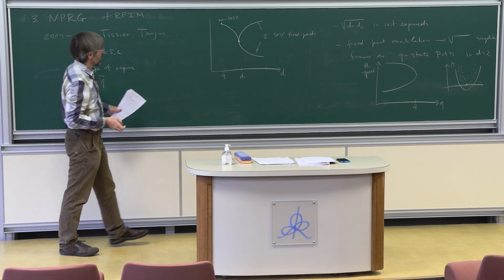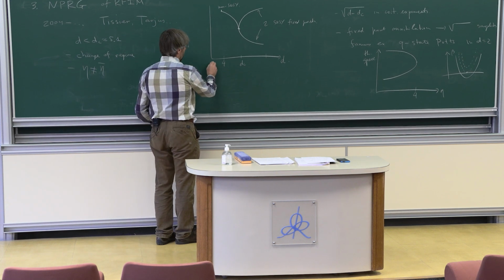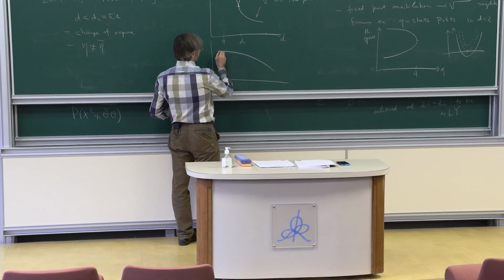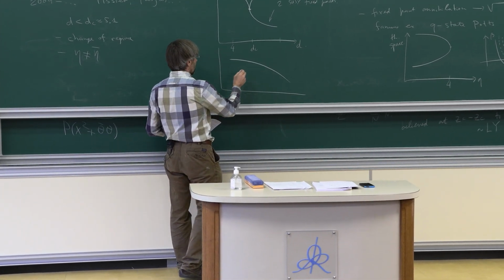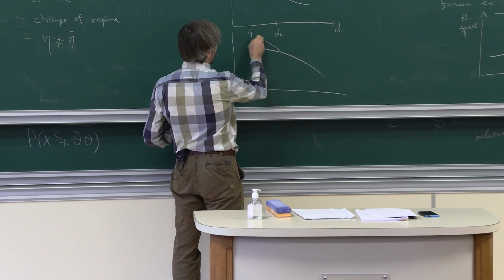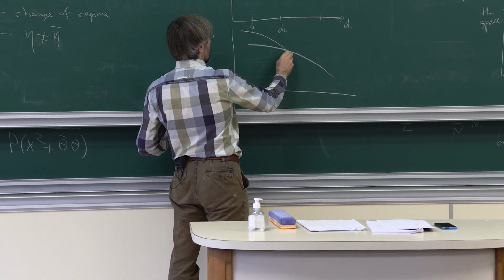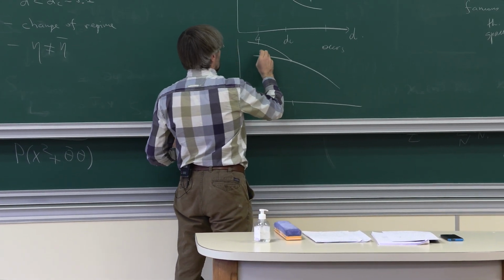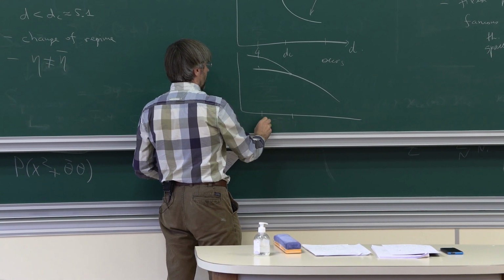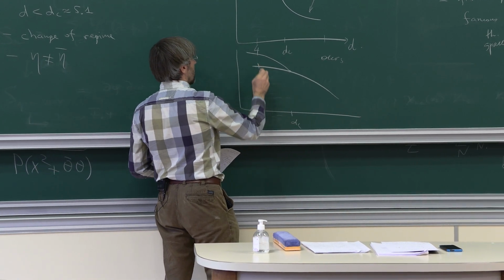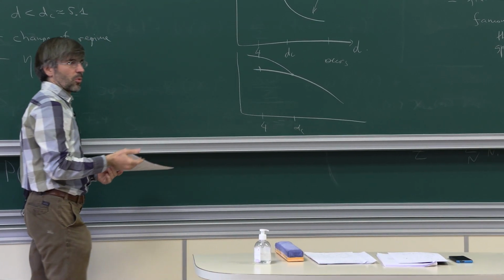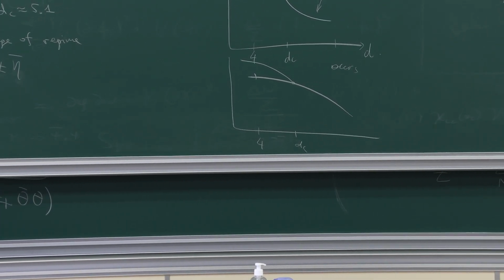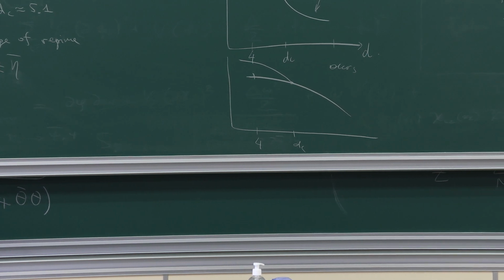While according to our scenario, recall I was drawing this sort of diagram where the SUSY fixed point existed in any D, and it was just becoming unstable for D less than D critical. So this is our scenario. And so it means that if you go to D equal 4, it should be possible to perform some tuning in the numerical simulations, and it should be possible to see this supersymmetric fixed point.